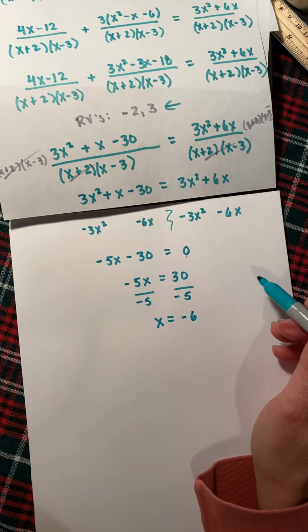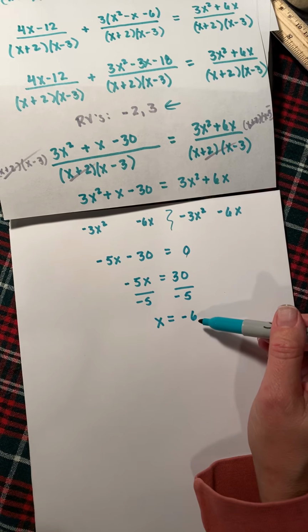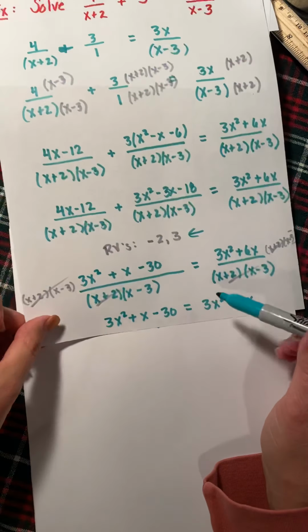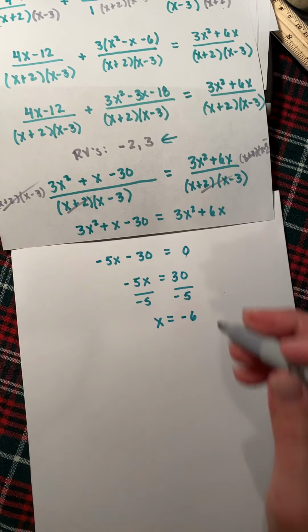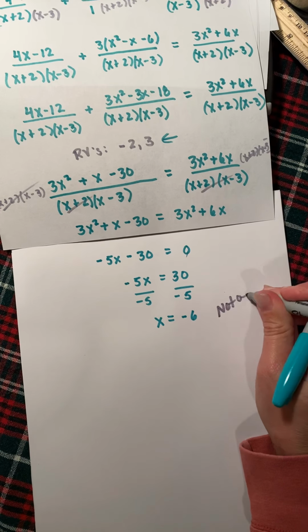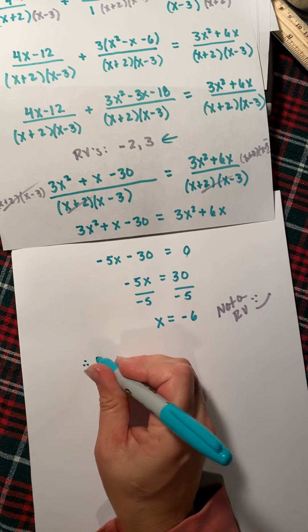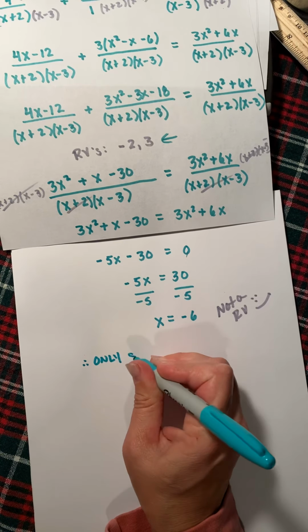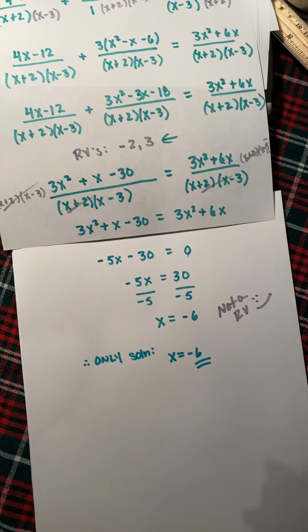So if this equation has a solution, it's negative 6, as long as it's not a restricted value. We go back and look. The restricted values are negative 2 and 3, so it's not a restricted value. So we are really excited. Therefore, the only solution is x equals negative 6.